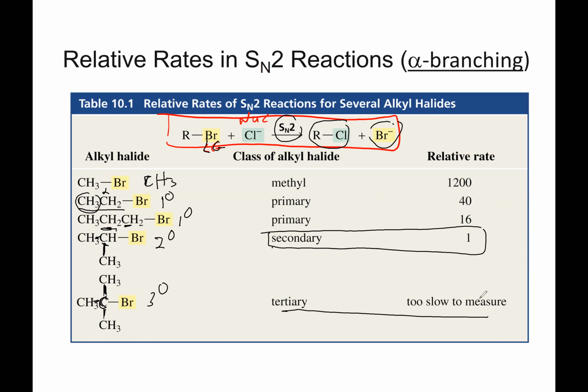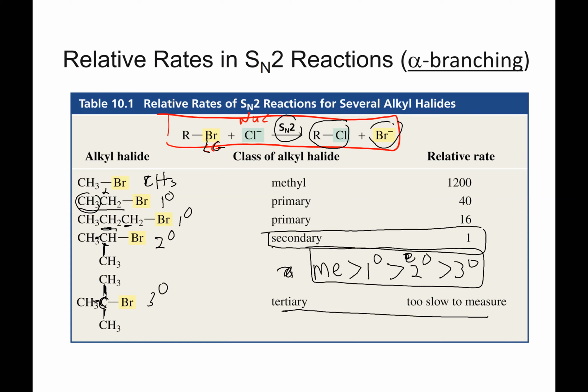So from data like this, it was shown that the order of reactivity is methyl substrates are most reactive, then primary, then secondary, and then tertiary. That's the order of reactivity in an SN2 reaction.